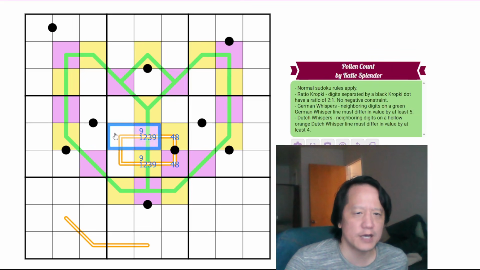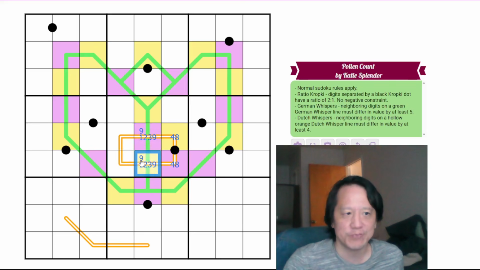We could have a 5 here, but the problem is, if we had a 5 here, that would guarantee this is 1 and 9. These would be opposite sets, and there's no way that these two could be opposite of the same digit here.